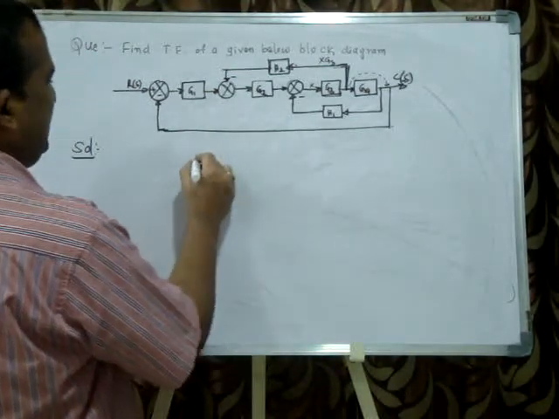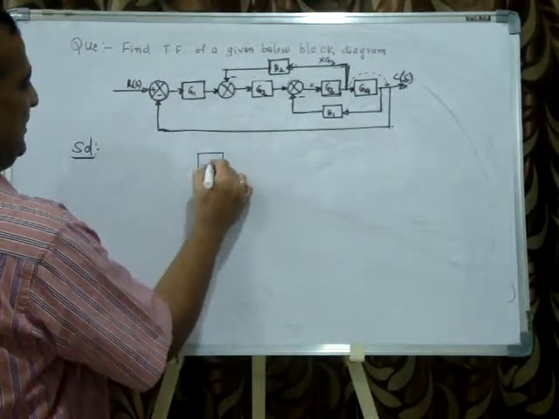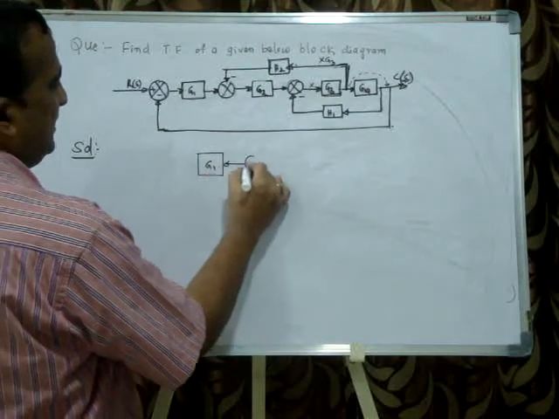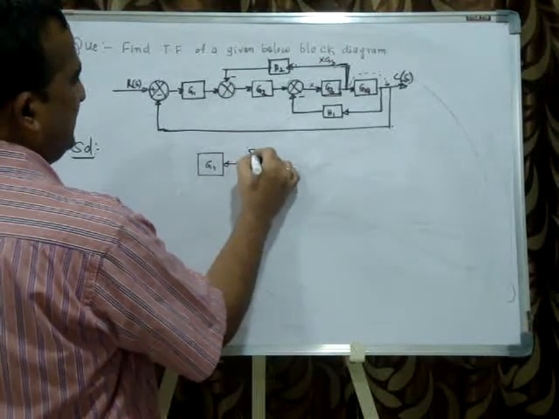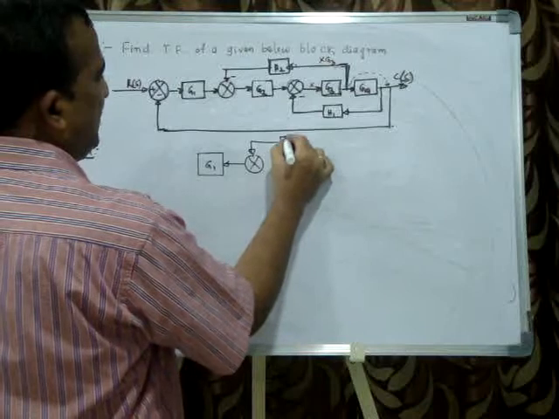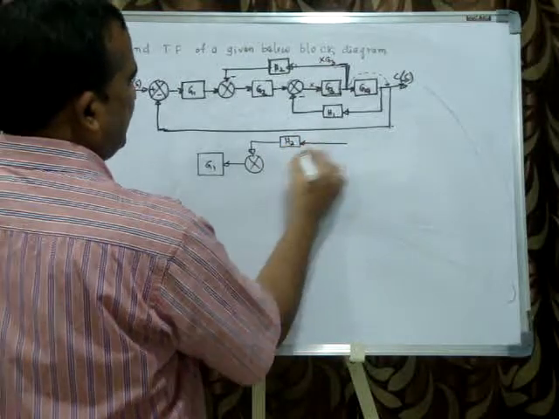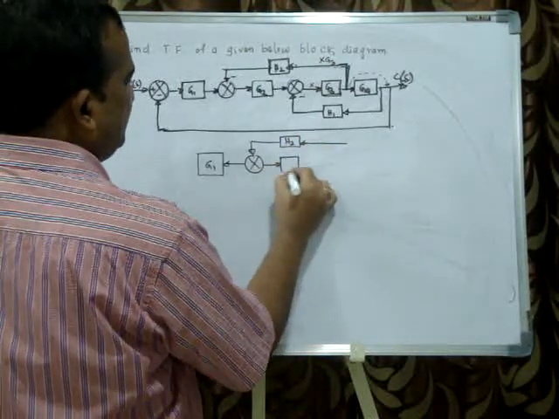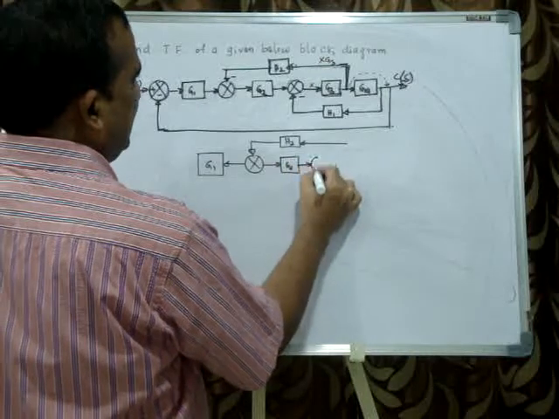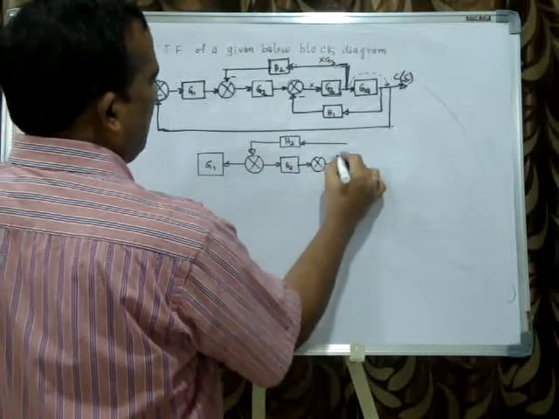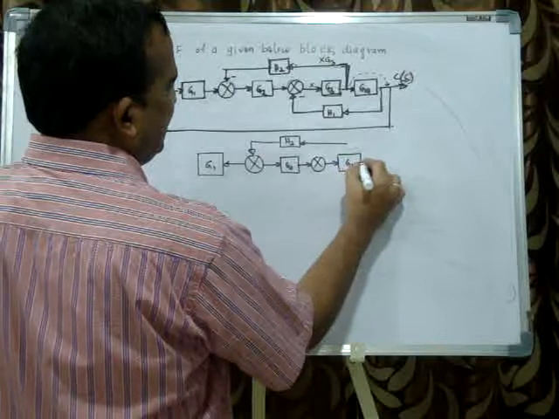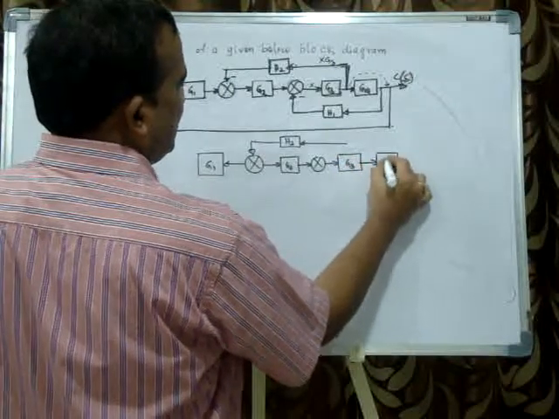What happened? Just you see here, G1, summing point, H2, and here G2, here G3, here G4.